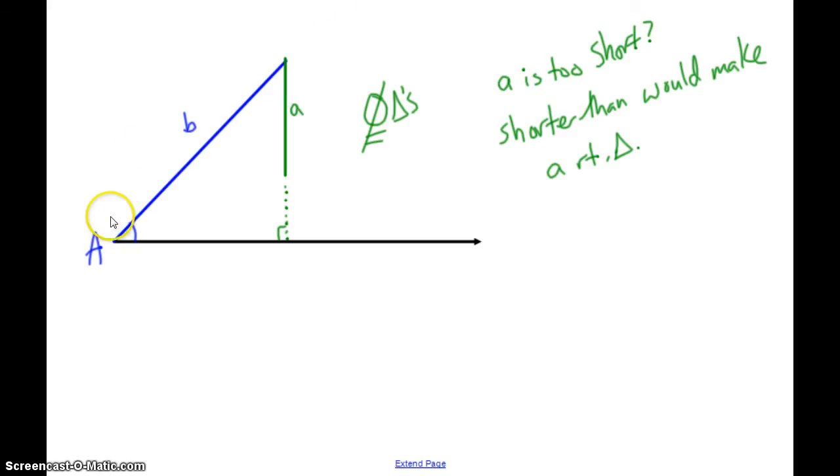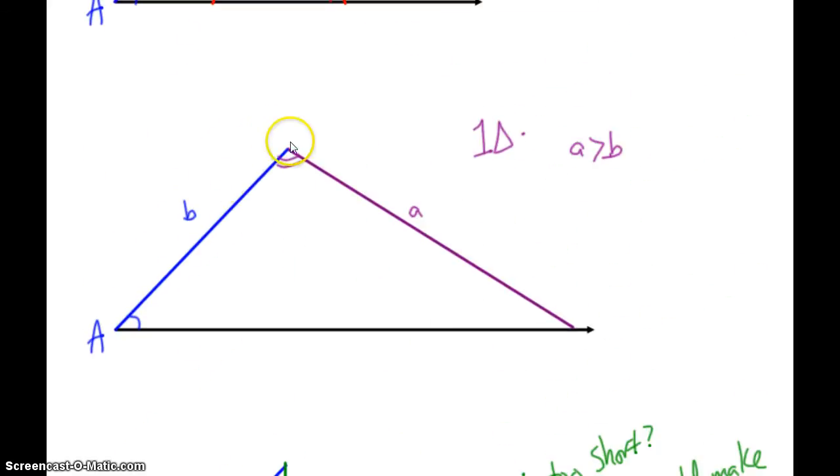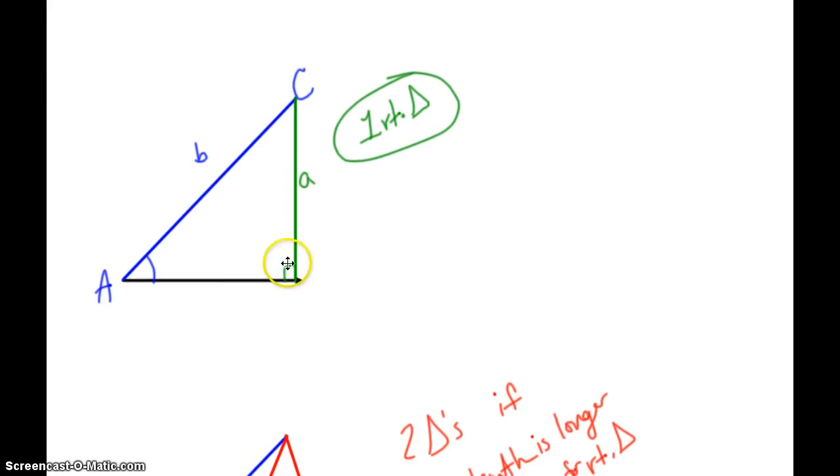So if I'm given this fixed angle A and this fixed length B, we can see all the different options if I know length A. If A is too short to make a right triangle, I have no triangles. If A is so long that it's actually longer than B, then I can only make one triangle out here with it. If it's exactly enough to make a right triangle, then I have one triangle.